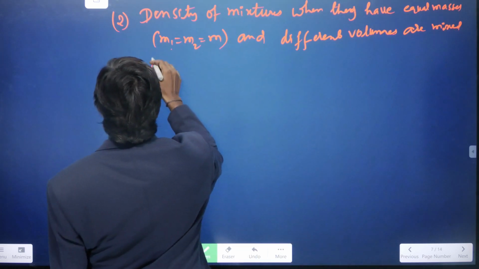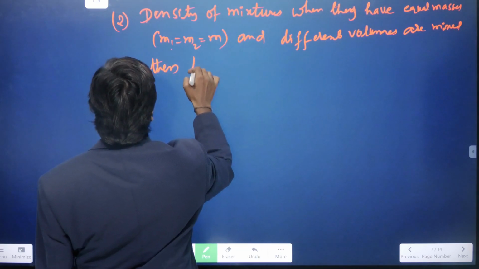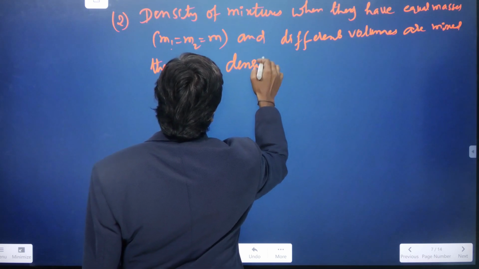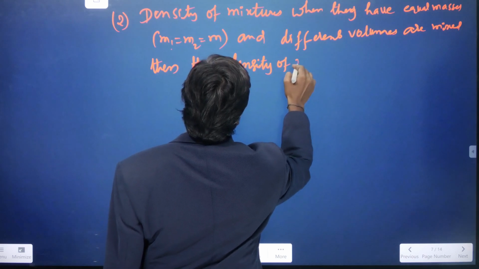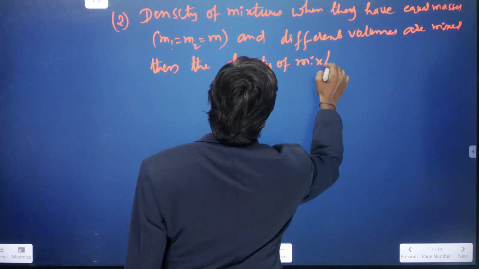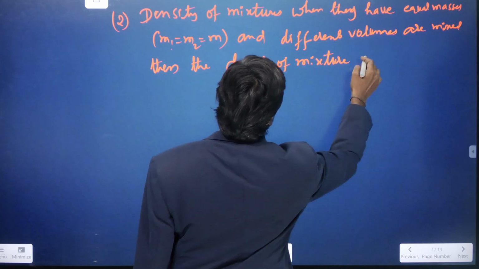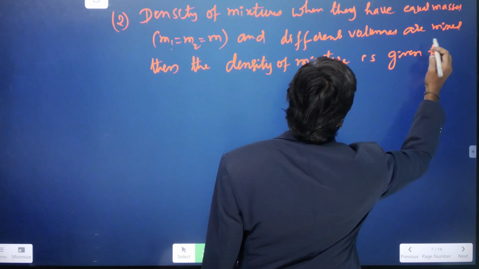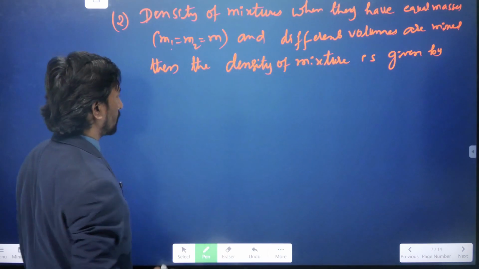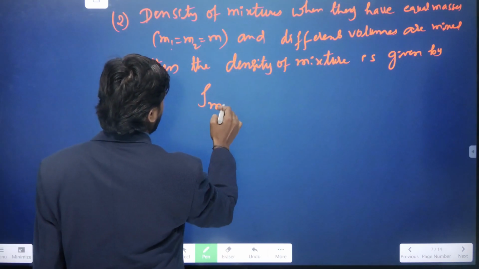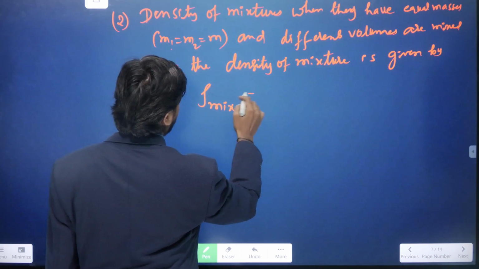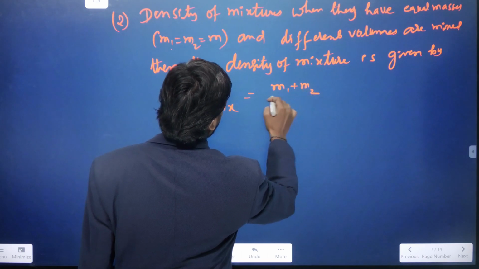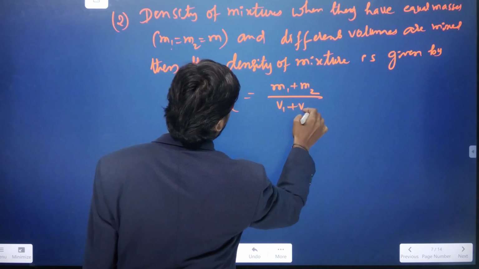Then the density of mixture is given by this formula. So we can write the density of the mixture, rho mixture, is equal to m1 plus m2, this is a basic formula, divided by v1 plus v2.